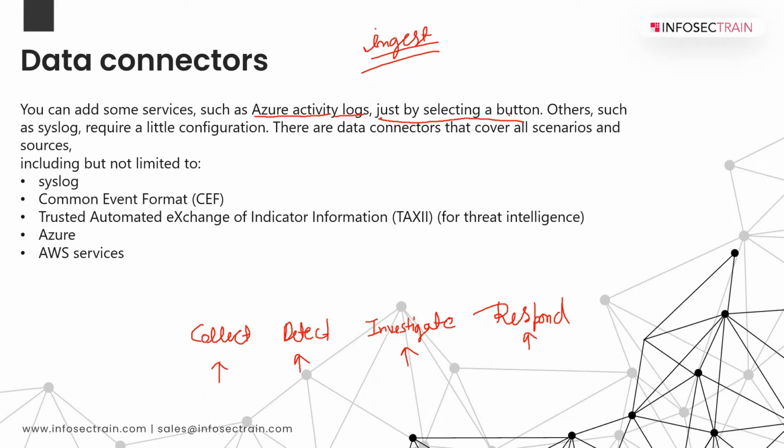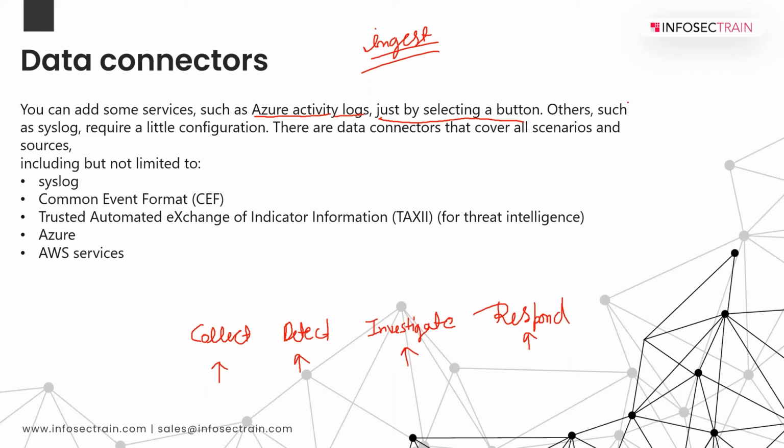Although for a few things, Microsoft over time has changed how you implement it, such as policies. So it may not be just a single button click; you may have to click 2 or 3 buttons, apply 2 or 3 things, and then you start collecting your data. Not always a single click, but for many of the services, with a single click you can start collecting the data.